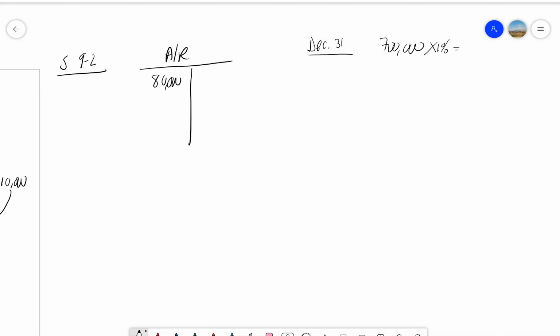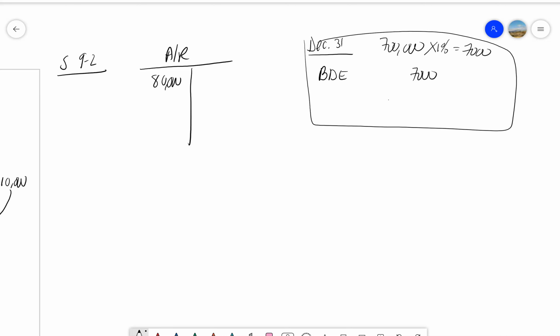And so we're going to estimate their bad debts expense to be $7,000. So then our adjusting journal entry is we're going to debit bad debts expense by $7,000, and then the credit goes to that new account called allowance for doubtful accounts of $7,000.